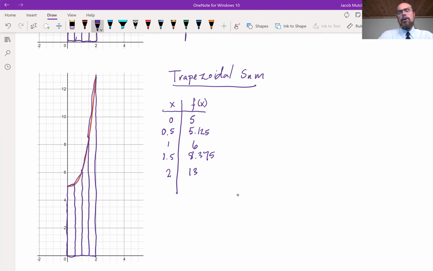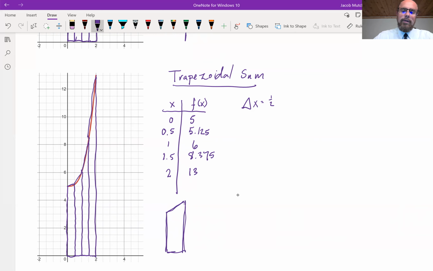Now, the reason why I need all 5 instead of just 4 of them is because now I'm considering area of trapezoids. So our delta x, or the width, is still going to be half. So we just need to remember geometrically how we calculate area of a trapezoid. So let's just draw a trapezoid to stand for all trapezoids here.